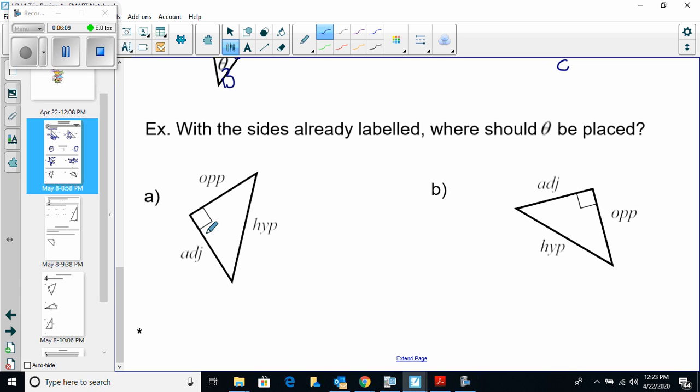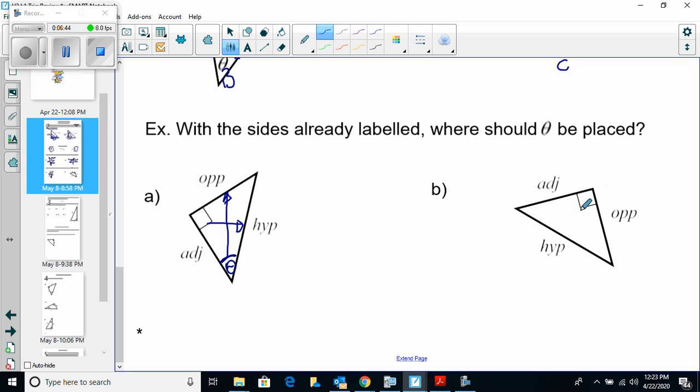So on the first example, the hypotenuse is always opposite to 90 degrees, and opposite of the opposite side, we have this angle here, and this will be angle theta. And now we double check. The angle theta has as an opposing side the side that is named the opposite, and the side where it is supported is the adjacent side.